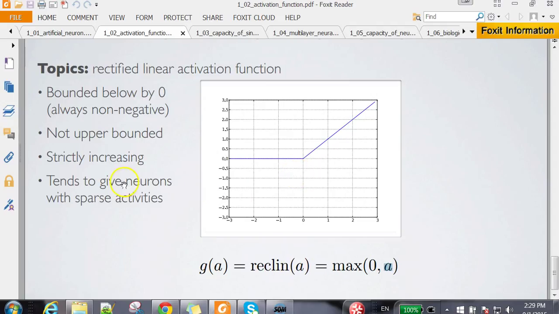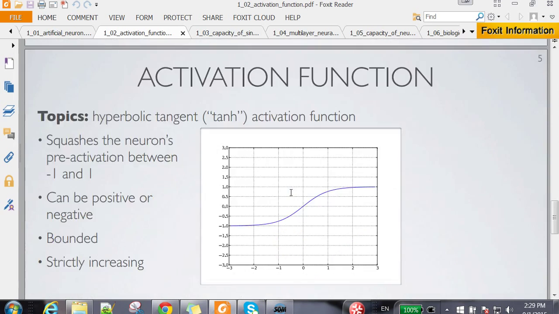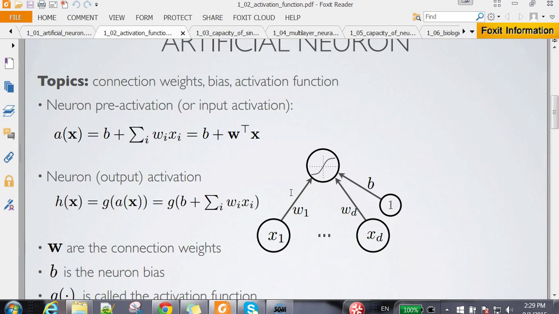And then they also say that it tends to give neurons with sparse activities. What does that mean? Going back to this picture, remember we have a bunch of inputs and some weights, and we multiply the weights times the inputs to get the pre-activation, or what gets sent into this neuron. Then we pass that through an activation function, and we looked at a couple different possible activation functions.